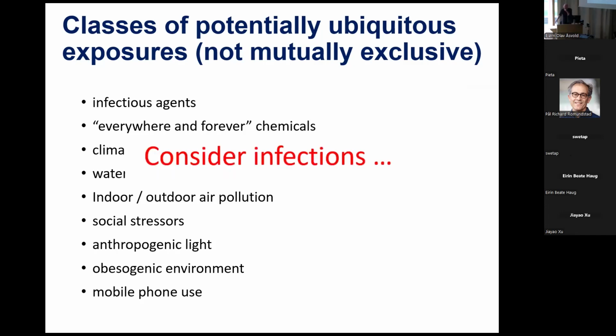So let's consider infections as one of these ubiquitous exposures. If you had been living in parts of Africa and Cuba, Cuba quite a long time ago, Africa more recently, everyone got yellow fever.